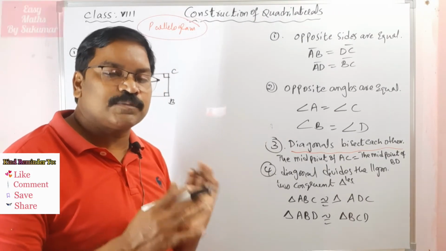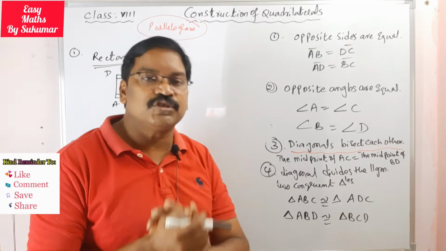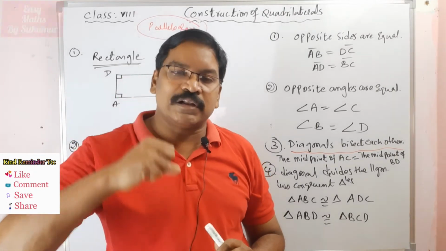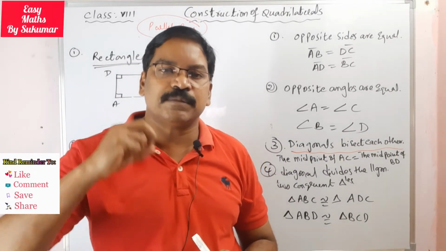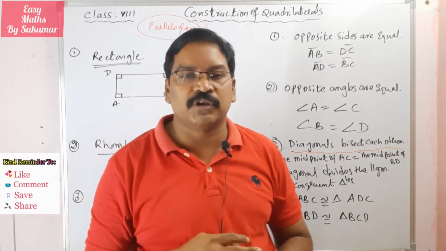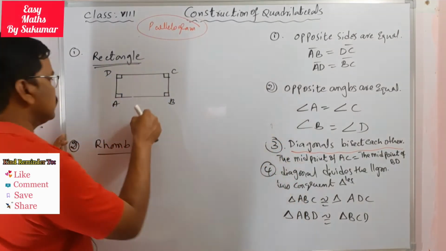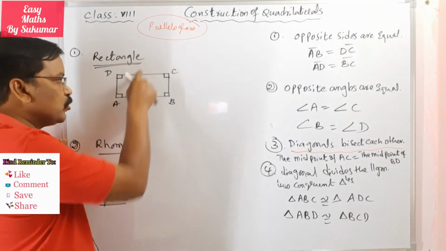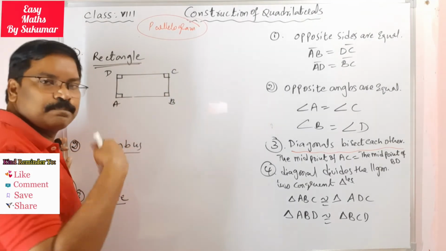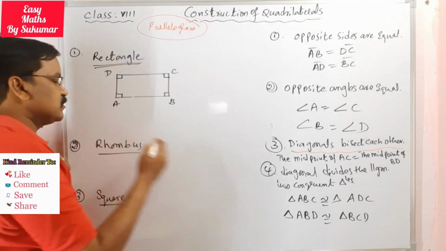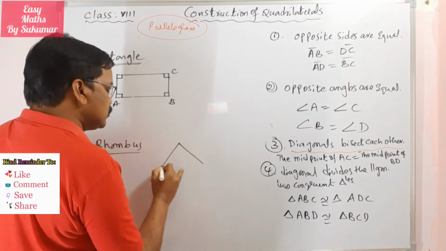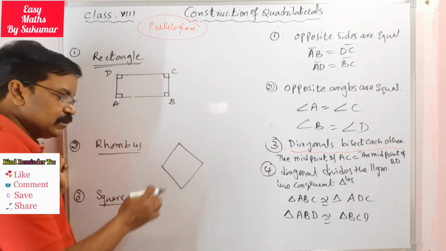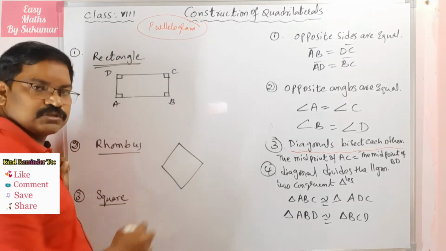Actually, what is the definition of a parallelogram? In a quadrilateral, both pairs of opposite sides are parallel is called a parallelogram. Here, my dear students, in this rectangle also, both pairs of opposite sides are parallel. Here also in rhombus, both pairs of opposite sides are parallel. Here these two are parallel, these two are also parallel.